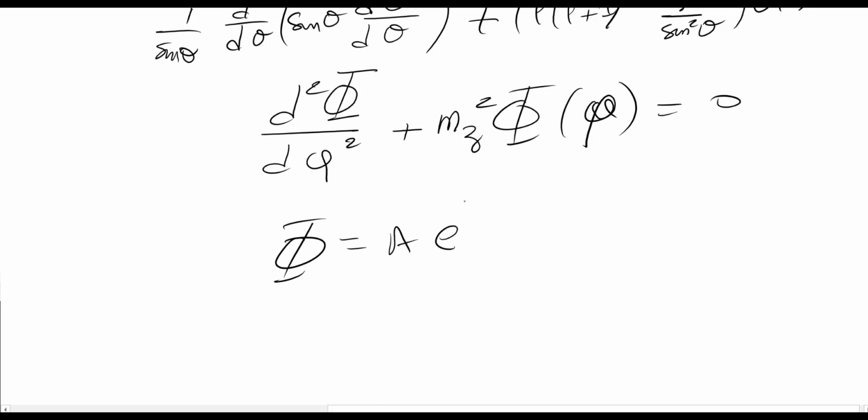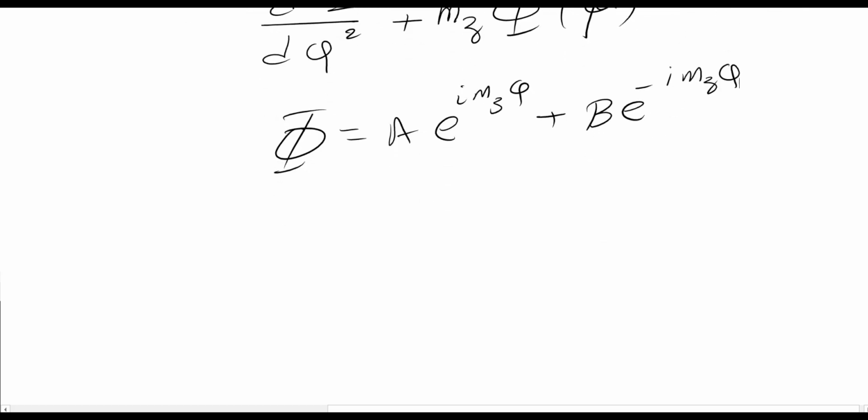is a constant times e to the i m z phi plus another constant times exponential of minus i m z phi. So this equation in here better be periodic, and in doing so we'll find the condition on m z. m z times 2 pi must be multiples of pi, so m z phi is equal to some integer times pi.